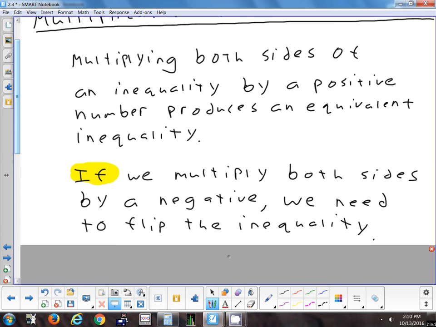If you multiply both sides by a negative, you have to flip the inequality. We already saw what happens if you don't. If you don't flip it, it's going to come out false. And false means wrong.